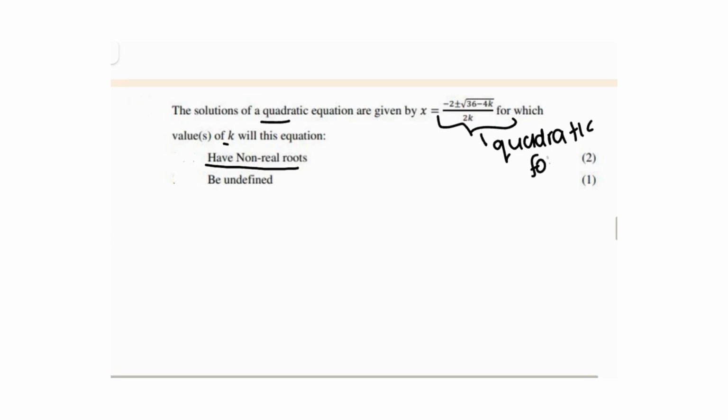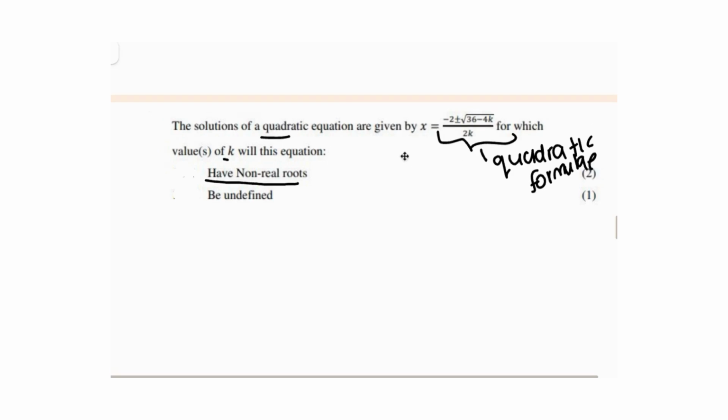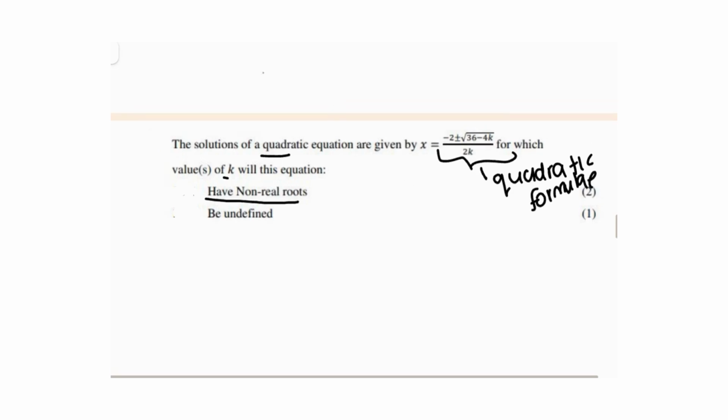You just need to take out your discriminant, and we know, guys, from the original quadratic formula, negative b plus or minus the square root of b squared minus 4ac, all over 2a, the discriminant is always what is within the square root. Even here, 36 minus 4k is our discriminant.